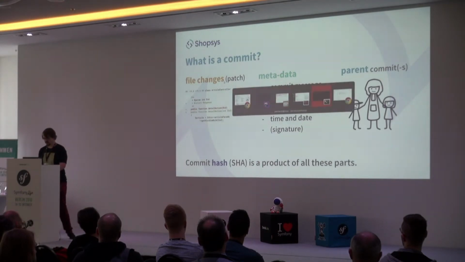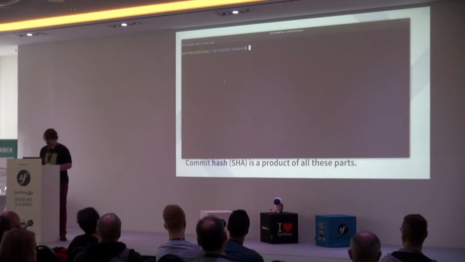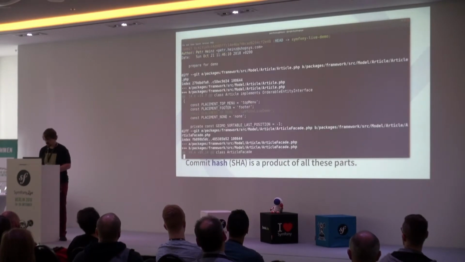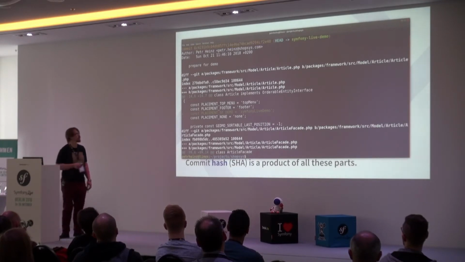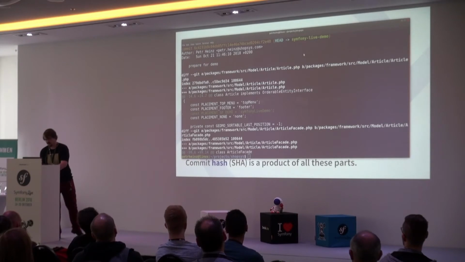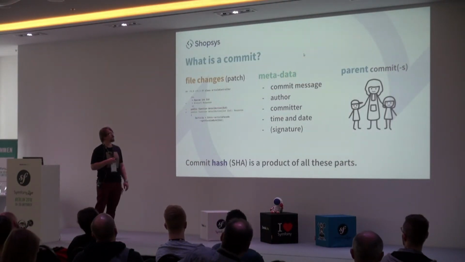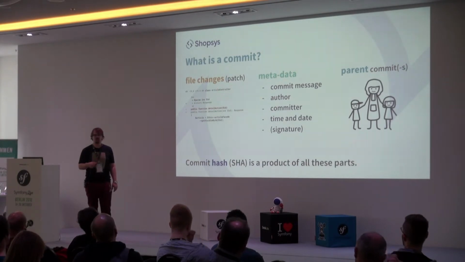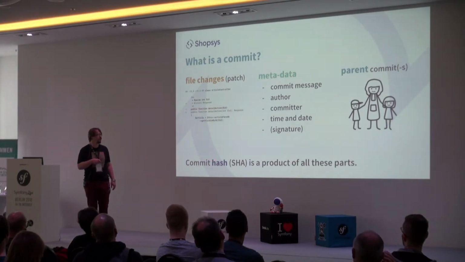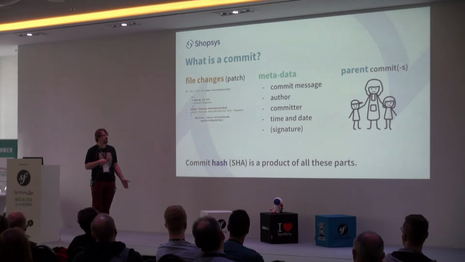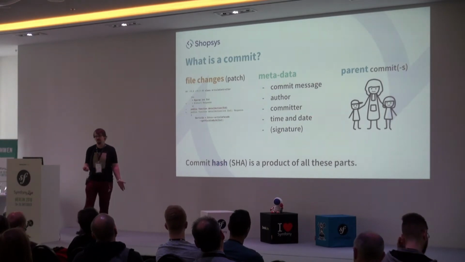So, for example, if I see a terminal here, and I write git show, then this is just a hash of these three parts of this commit. So that means that when anything from these three parts changes, the hash changes as well. And of course, if they are the same, the hash is the same.